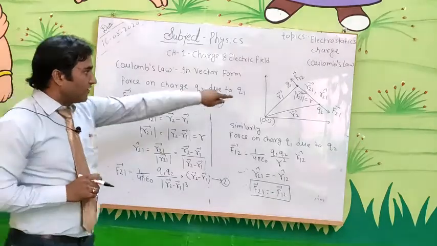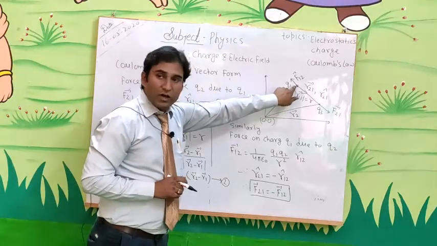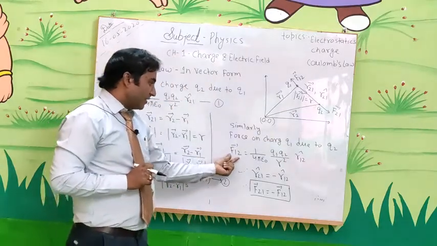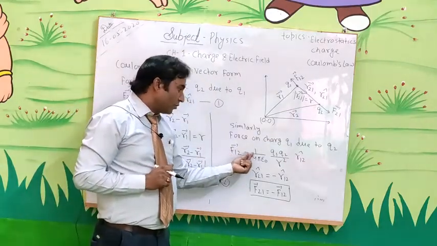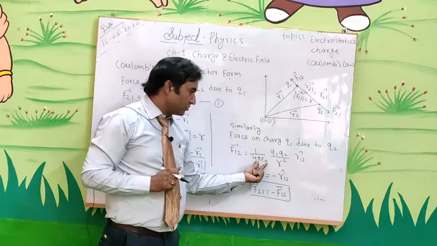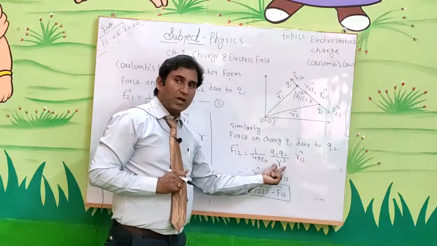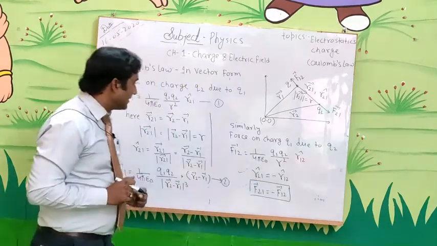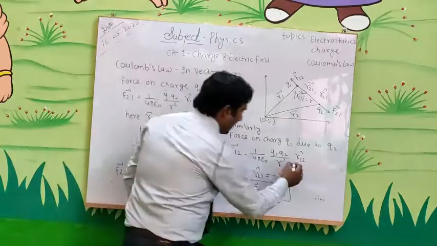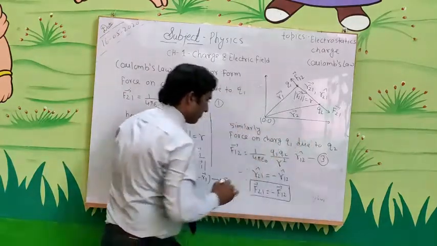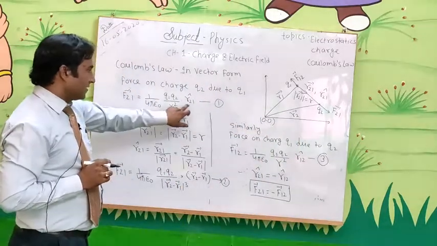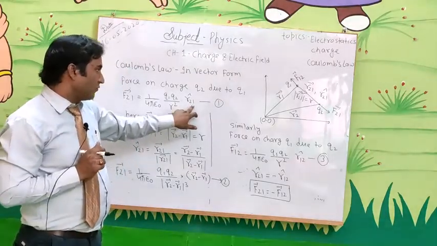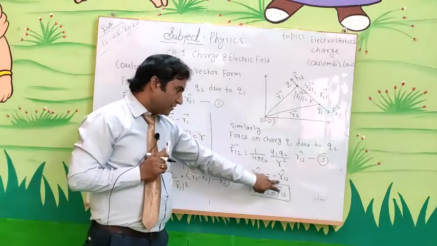Now in the same way, we can find the force on charge Q1 due to charge Q2. So we can write the equation F12 equal to 1 upon 4 pi epsilon naught Q1 into Q2 upon R square into unit vector R12 cap. We can see the difference between equation 1 and equation number 3. The only difference is in the unit vector, where R21 cap equals minus R12 cap.